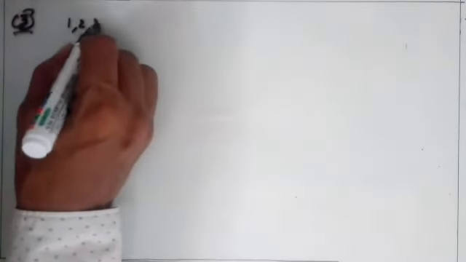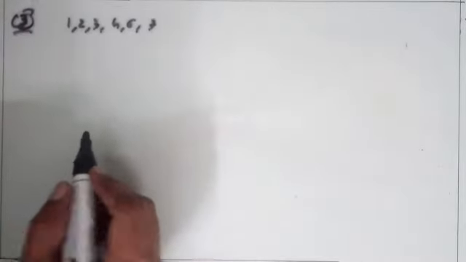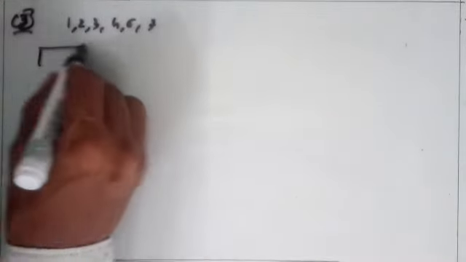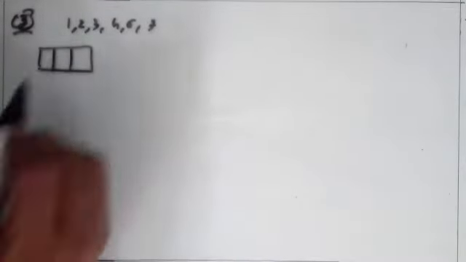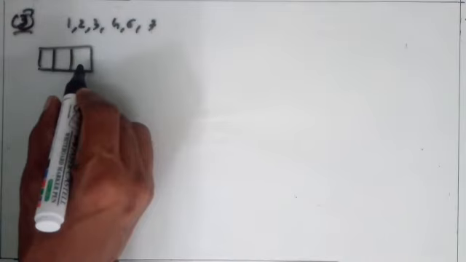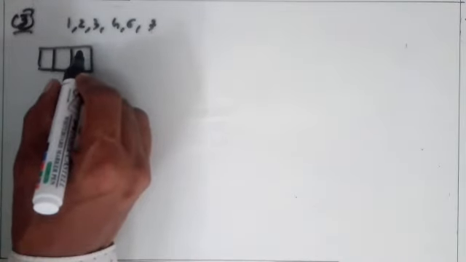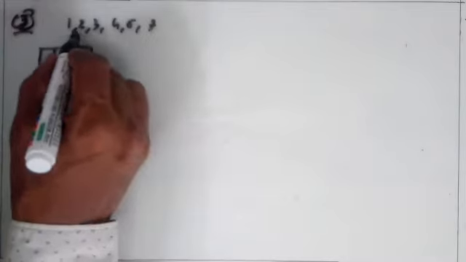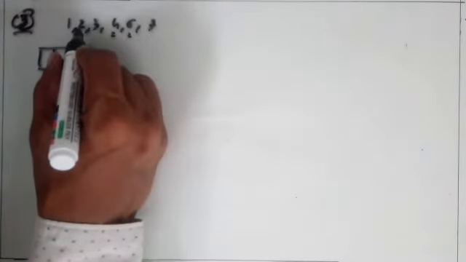Now question number third. How many 3-digit even numbers can be made using digits 1, 2, 3, 4, 6, 7? Remember this here. Here we want to form a 3-digit even number. For this, to form an even number, the unit place can always be filled using an even digit, 2 or 4 or 6.